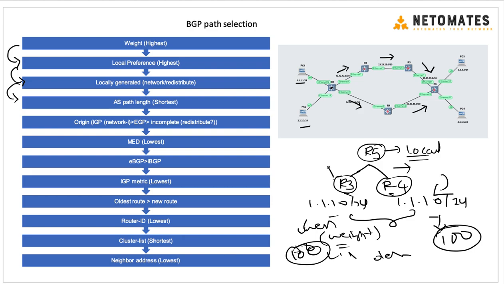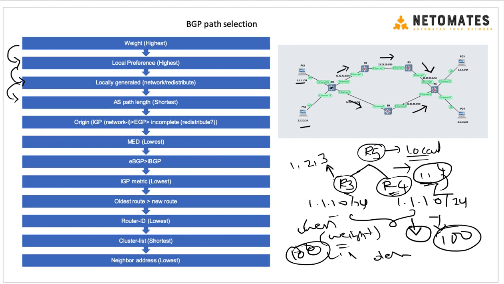When we look at the route coming from R3, it is coming through three autonomous systems: 1, 2, 3. But when we look at the route coming from R4, it is coming from autonomous systems 1 and 4. So it will choose whichever has the shortest AS path length. In this case, it will prefer the route coming from R4.